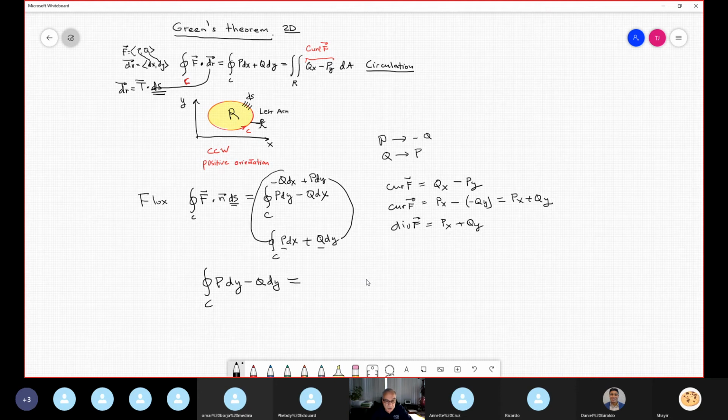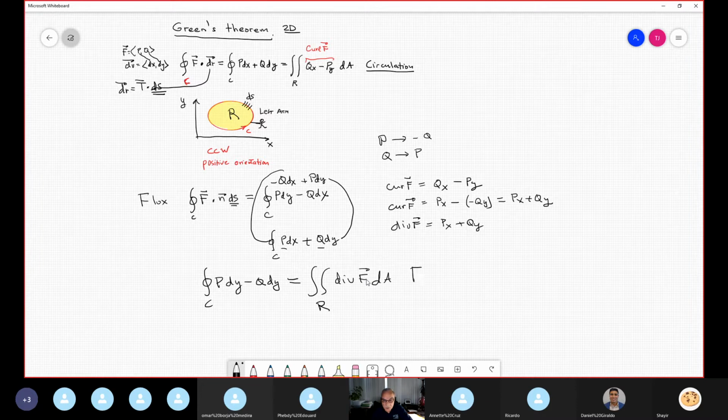It is equal to the double integral in the same region R, bounded by the curve, and the orientation is the same. This is called a positive orientation. Now the operator that we have here is not the curl, it's the divergence: the double integral of div f dA.